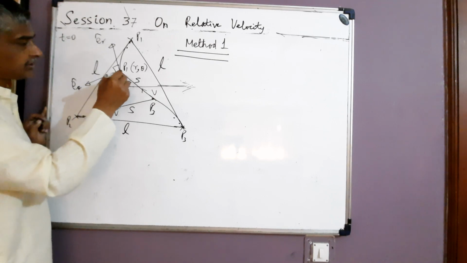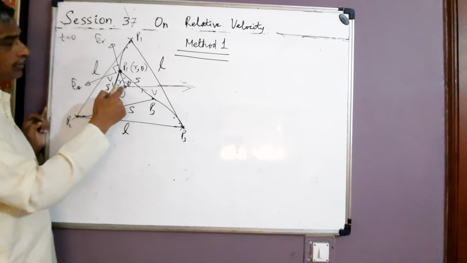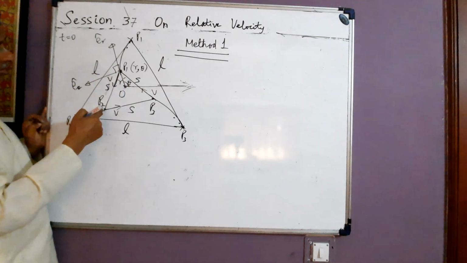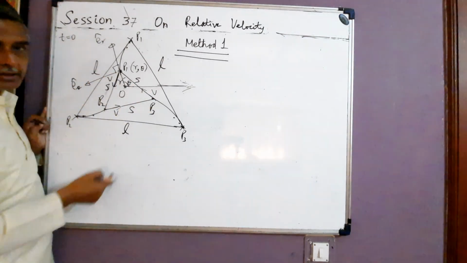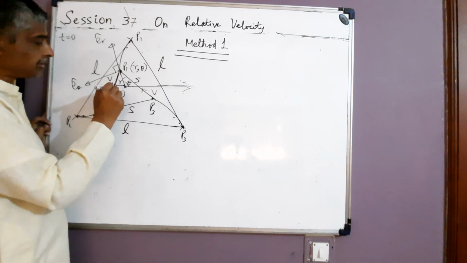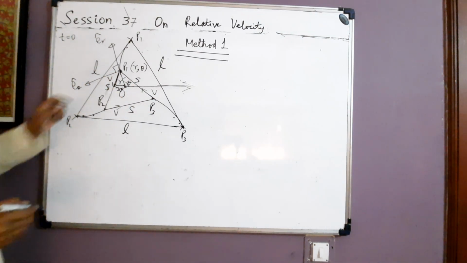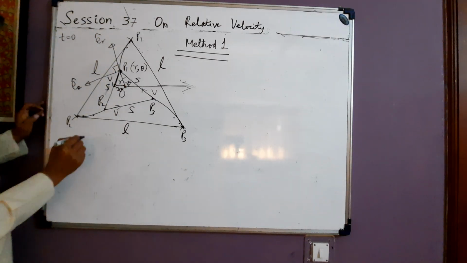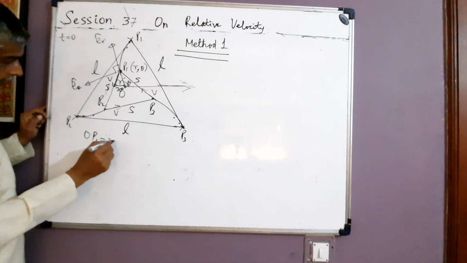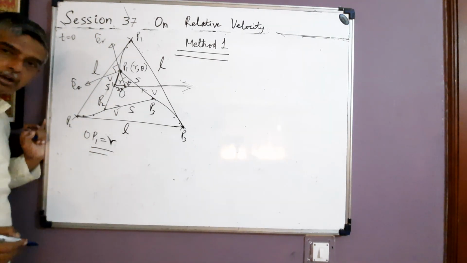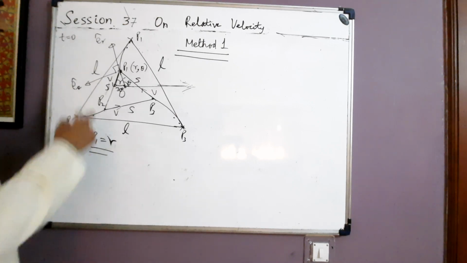So this angle will be 60 degrees total. This OP1 is the bisector of angle P2 P1 P3. So this angle will be 30 degrees. And OP1 is equal to R.